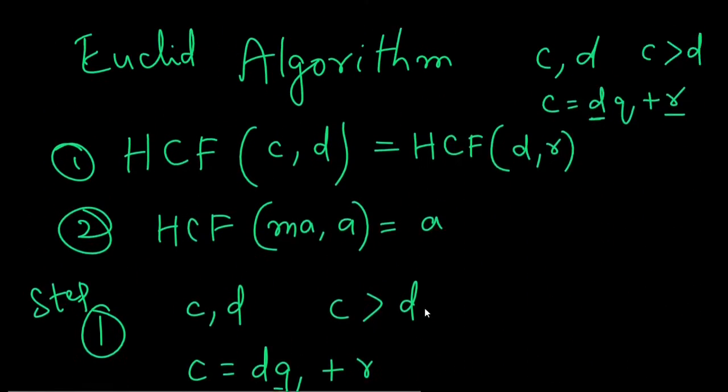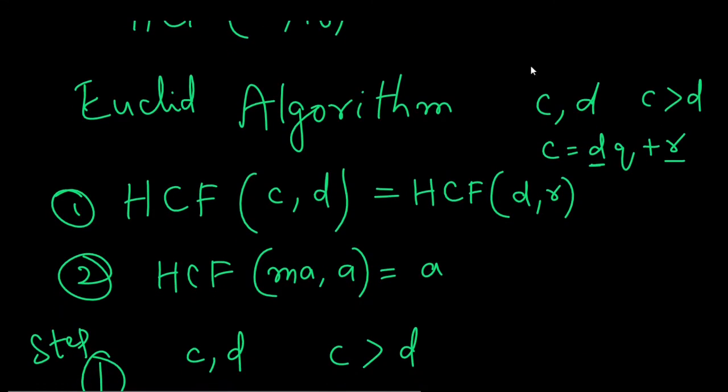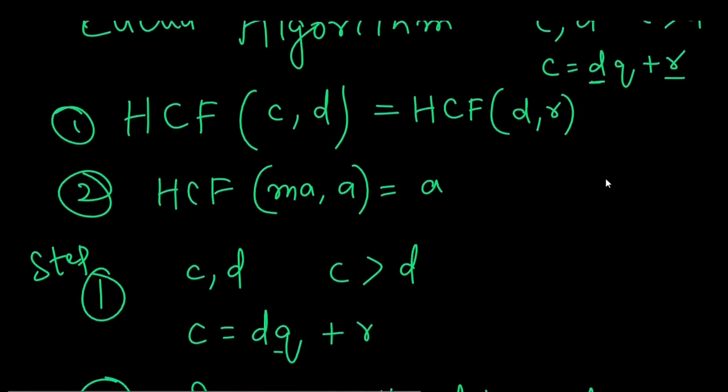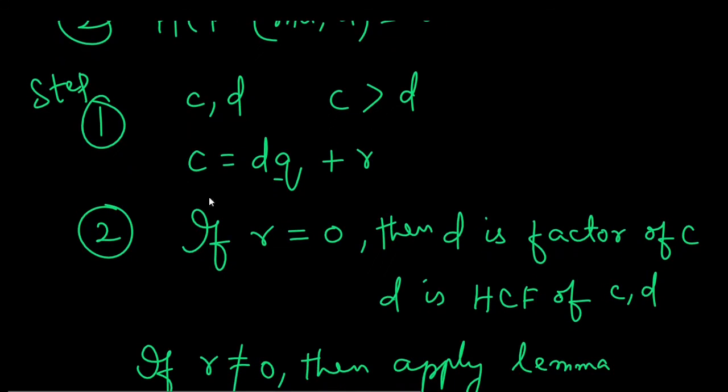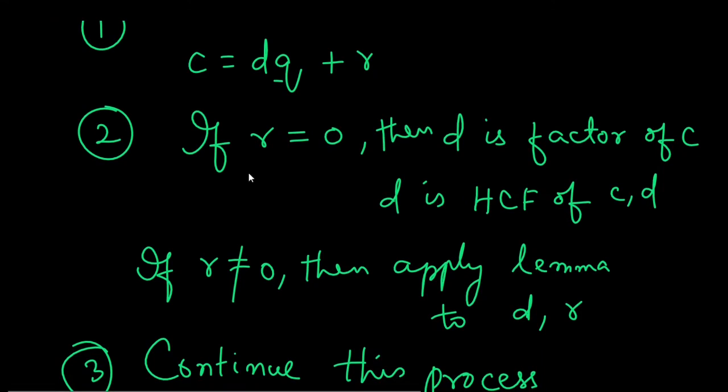This is Euclid algorithm. We take any two whole numbers C and D, where C is greater than D. In first step, we apply Euclid division lemma and write C is equal to DQ plus R. So we find R. If R is equal to 0, then D is the HCF.